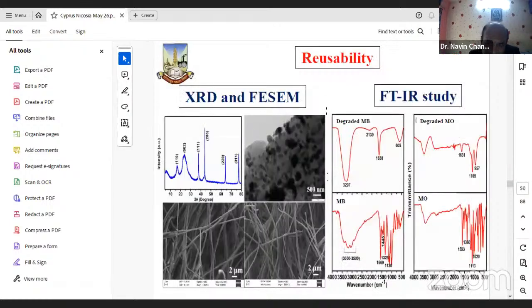We have done the reusability study up to the 5th cycle, and we have done the XRD, FESEM, and FTIR study for the 5th cycle recovered material. Here, the porosities still remain, but somewhere the porous structure of the material is blocked due to continuous use of this nanofiber as a photocatalyst for degradation in the presence of solar irradiation.